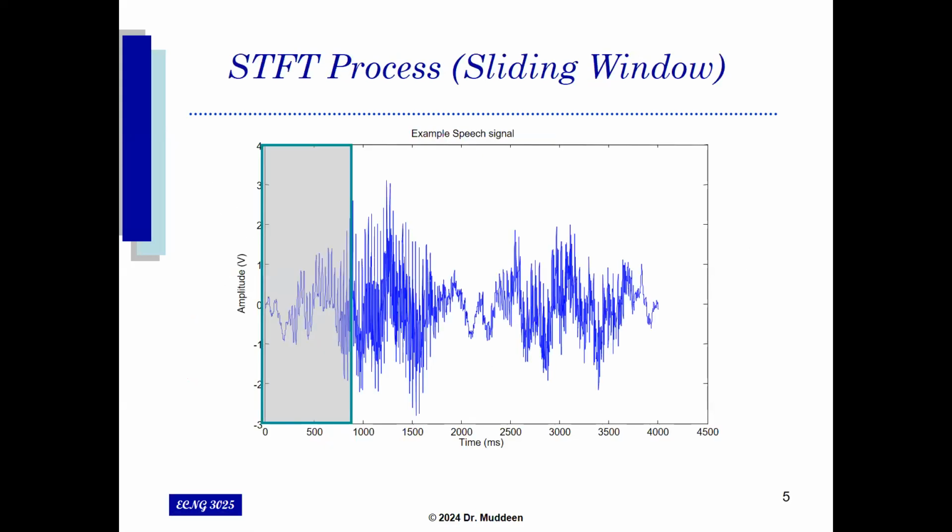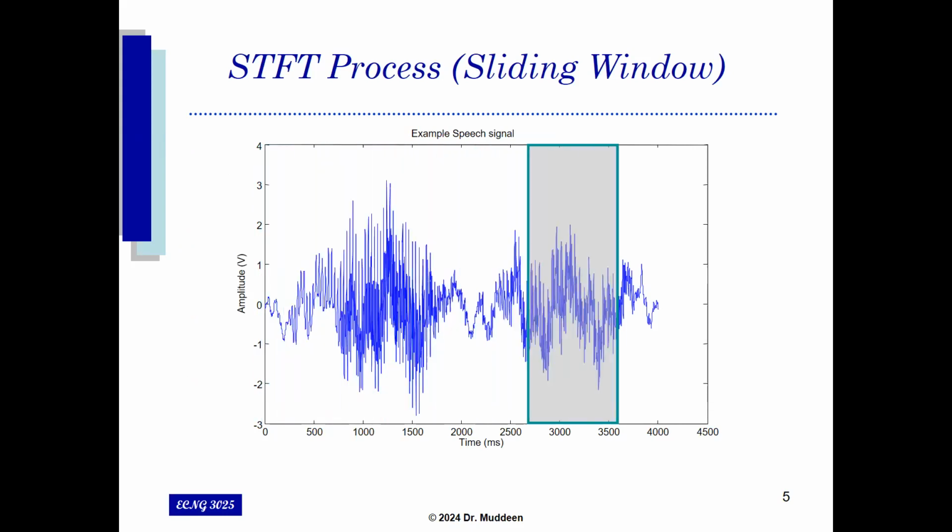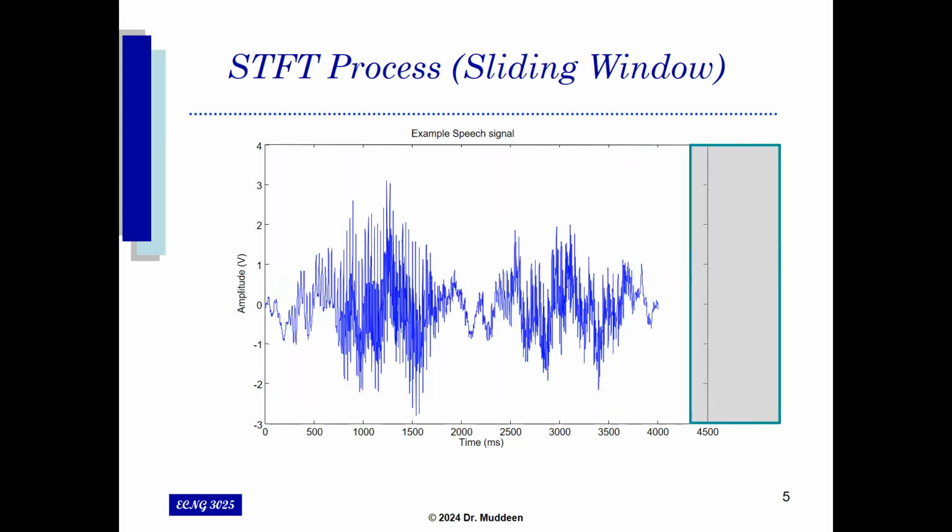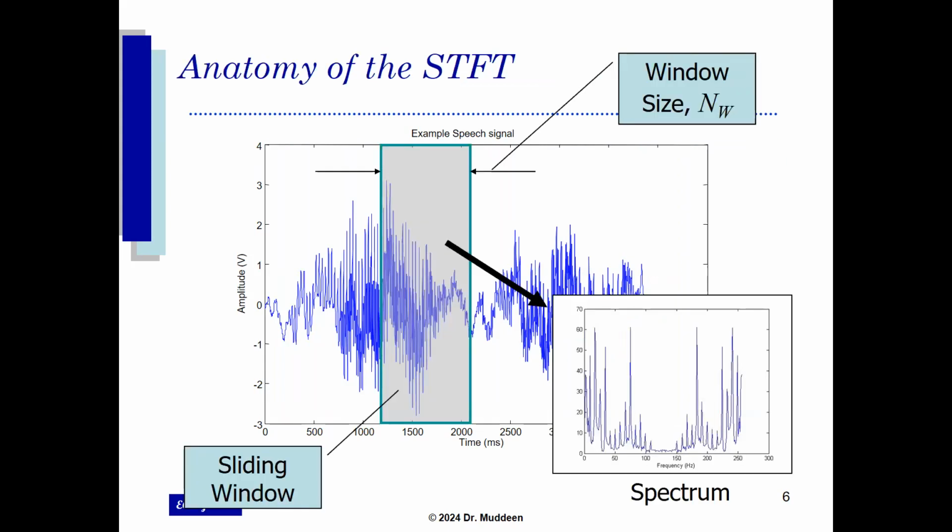So the process is that you start off with the signal. You pick a time window of some sort, and we analyze it. And then we shift the window to subsequent times, and for each of the time spacings, we do an FFT. So you have a window, and the window size is n subscript w.